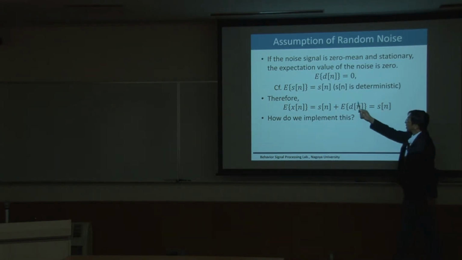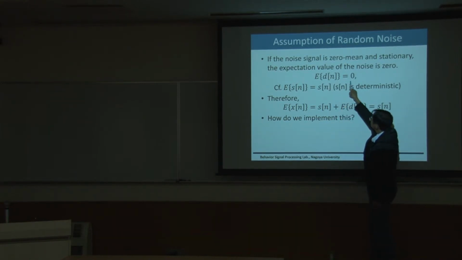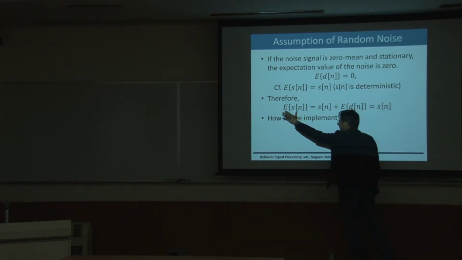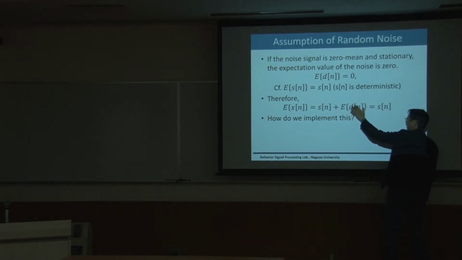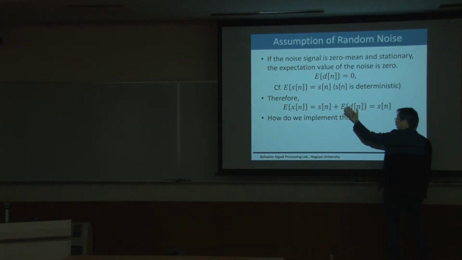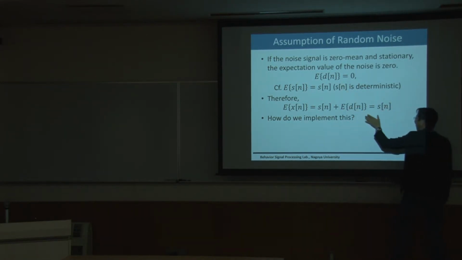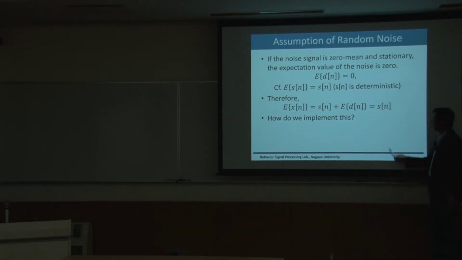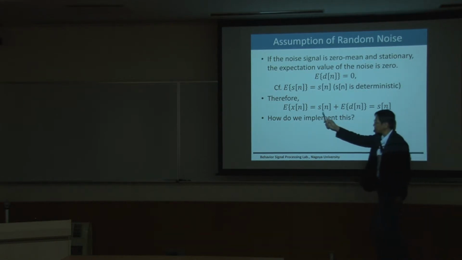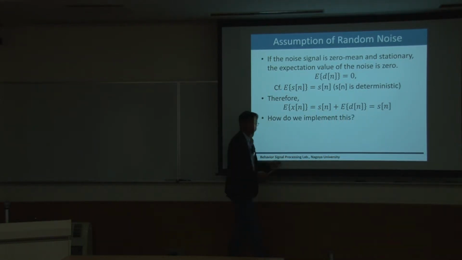Suppose the expectation value of the noise component is equal to 0, then the expectation value of the observation signal becomes the sum of the expectation value of the real signal and the expectation value of the random signal. But the expectation of the random signal is equal to 0, so you can find the real value that you would like to get from the observation. So this is simple math again.